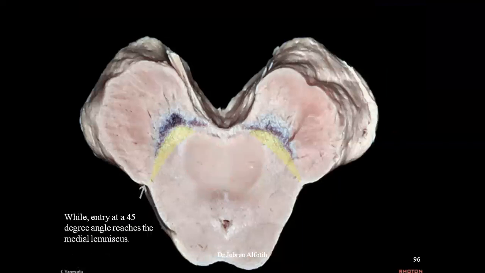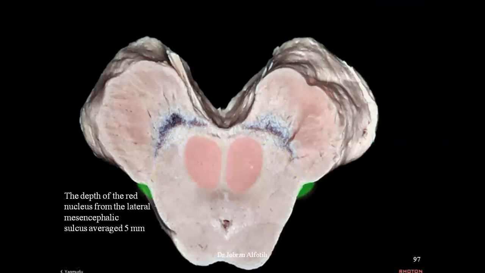Whereas if we make our entry into the midbrain at a 45-degree angle, that will lead us to reach the medial lemniscus, in the yellow color. The depth of the red nucleus from the lateral mesencephalic sulcus on both sides is about 5 millimeters.